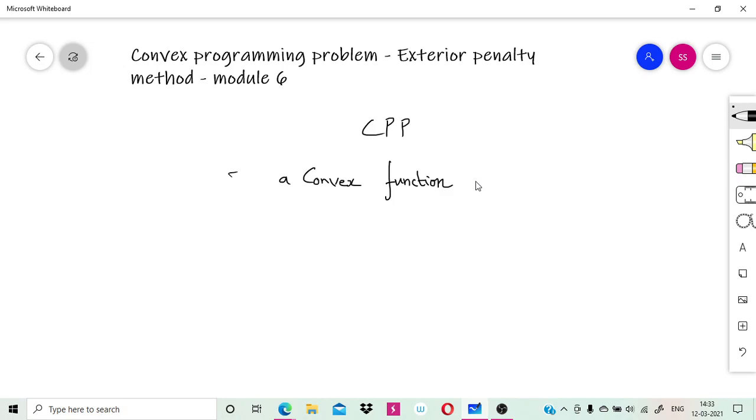In a short concept, graphically we can represent a convex function, say f of x, like this.